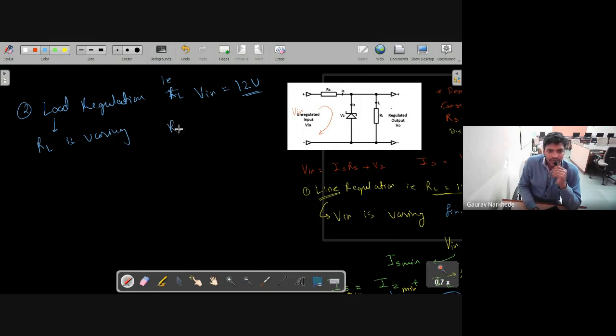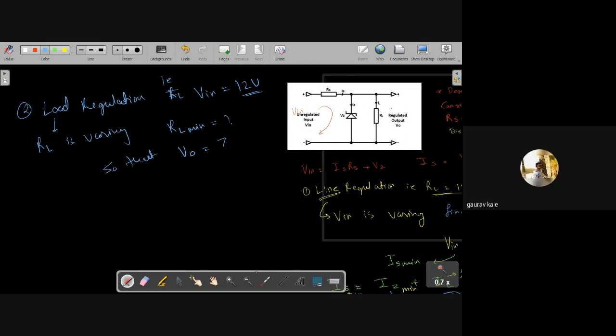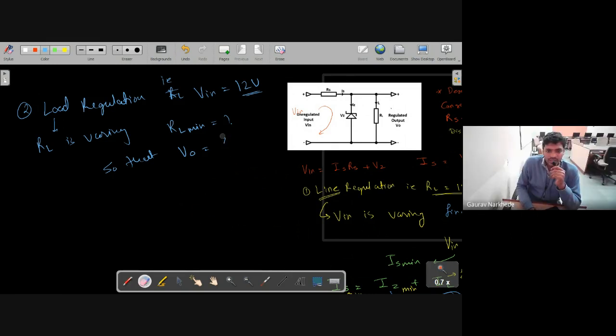So that V naught is equal to some different voltage, let's take 6 volts. So V naught is 6 volts. Therefore, IZ minimum, how much was it? Assume 1 milliampere.